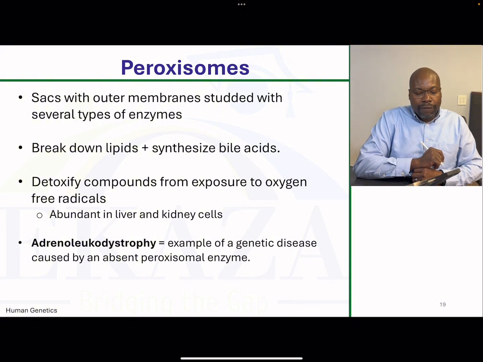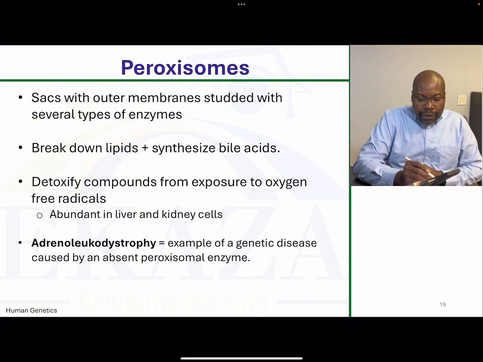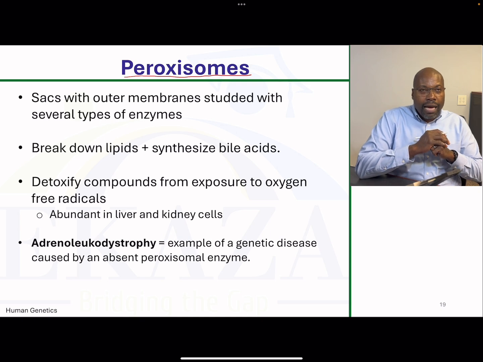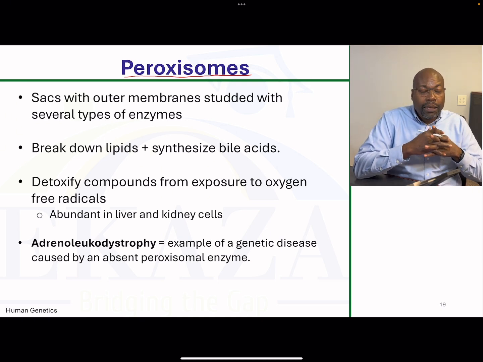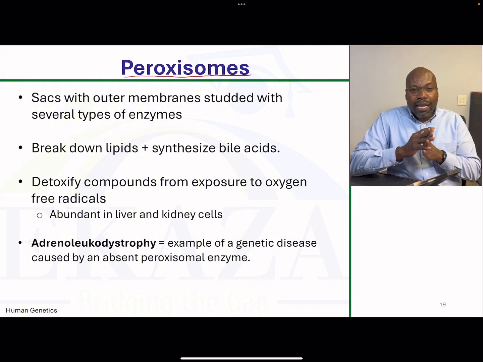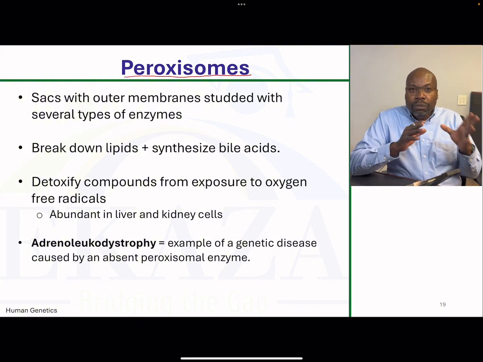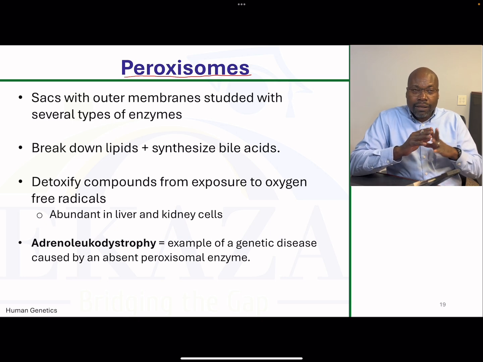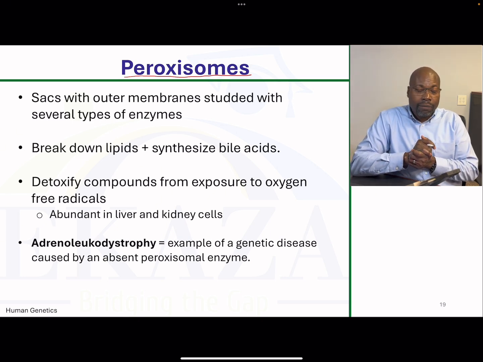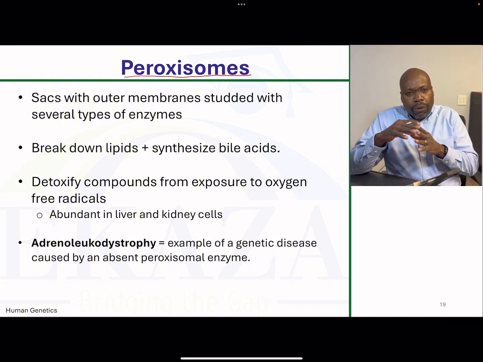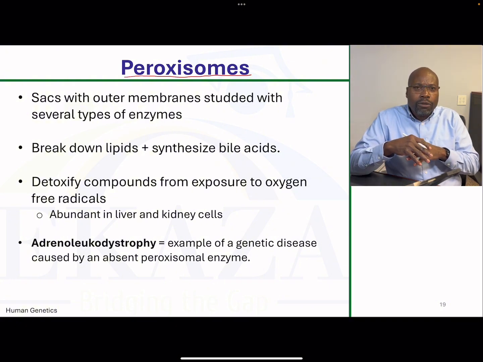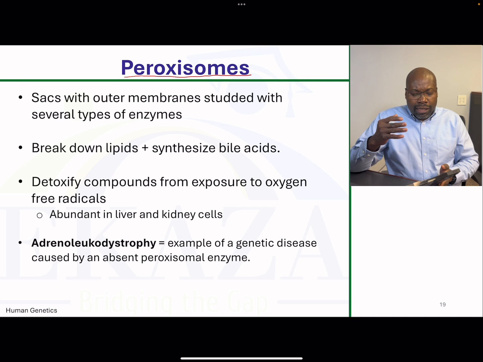One organelle I have not mentioned so far is the peroxisomes. The peroxisomes are membrane-bound organelles. They contain many digestive enzymes. However, these enzymes are not as numerous as the digestive enzymes you find in the lysosomes. That's one. Two, they are very limited in terms of the spectrum of their activities.